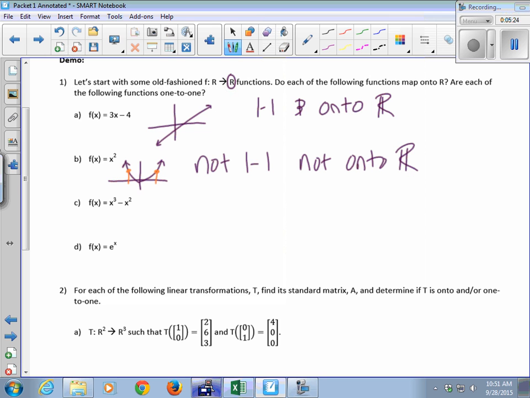It doesn't map onto because its range is not all real numbers. The codomain is R because the outputs are all real numbers, but it doesn't produce every real number, because the range of this thing is only positive reals. There are all these negative reals that can never be produced. So it does not map onto R.